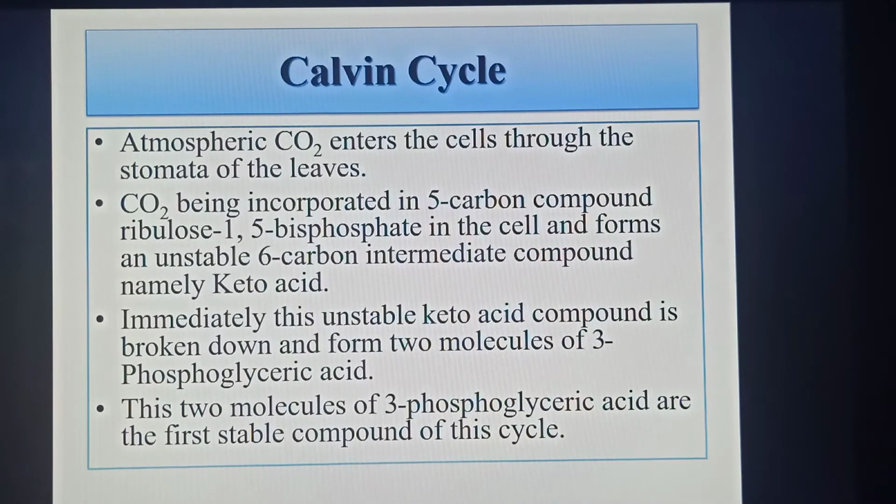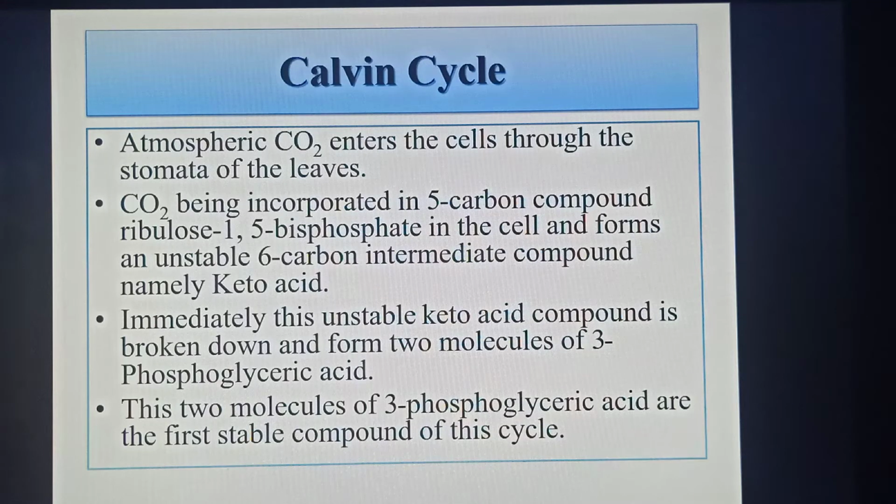In the Calvin cycle, atmospheric carbon dioxide enters the cell through the stomata of the leaves. This is number one. First of all, the carbon dioxide is incorporated in the 5-carbon compound ribulose 1,5-bisphosphate in the cell and forms an unstable 6-carbon intermediate compound, namely keto acid.